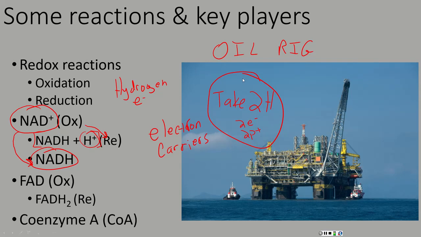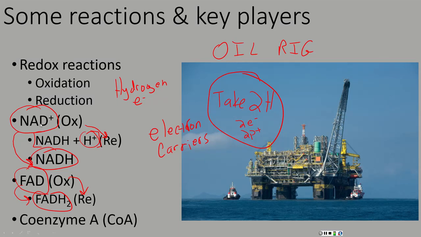And when he does that, he moves from his oxidized form to his reduced form, and we call him FADH2. So FAD becomes FADH2. FAD is the empty pickup truck. FADH2 is the pickup truck loaded down with his electrons.